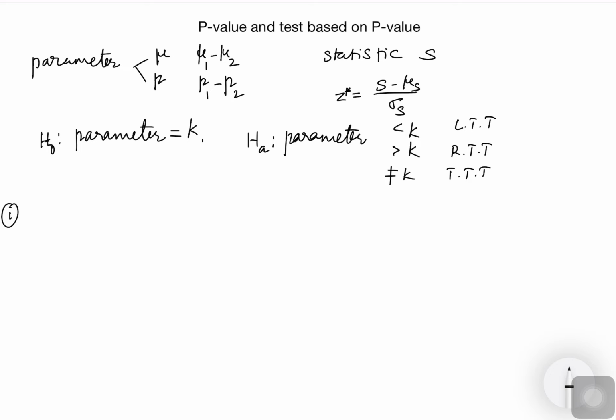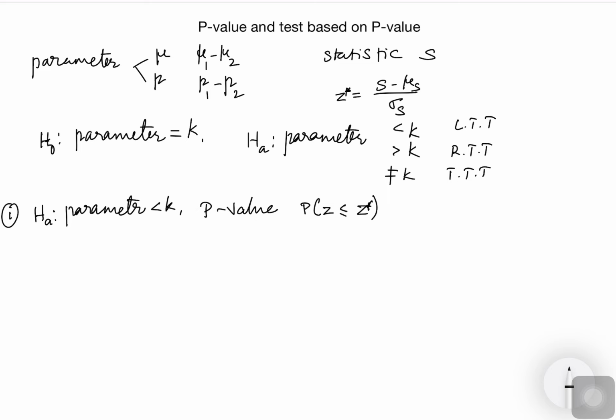For the left-tailed test, the alternate hypothesis is the parameter is less than k. Then the p-value is calculated as the probability of all z less than or equal to z star.